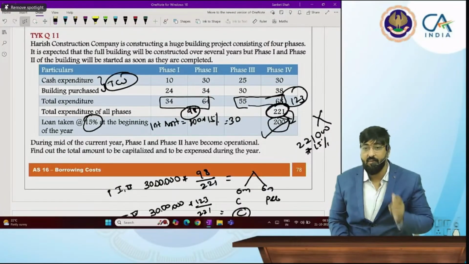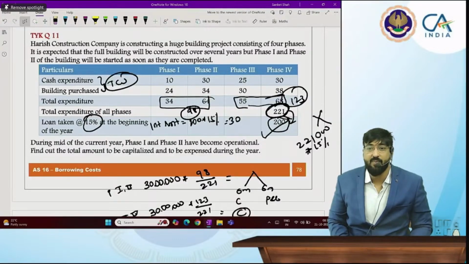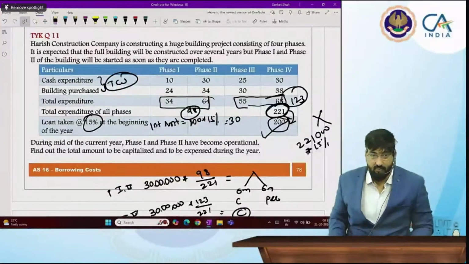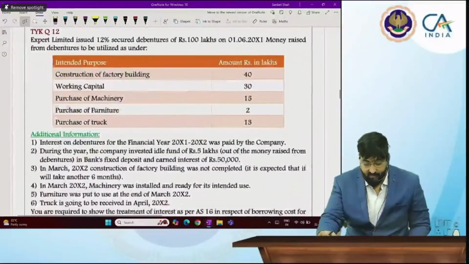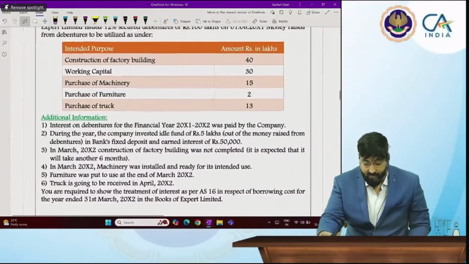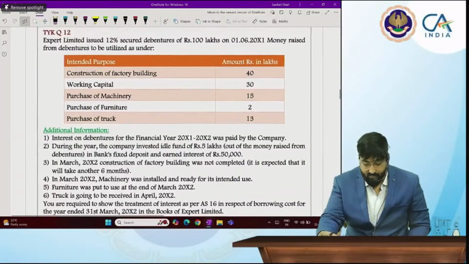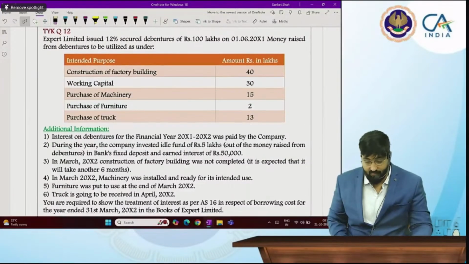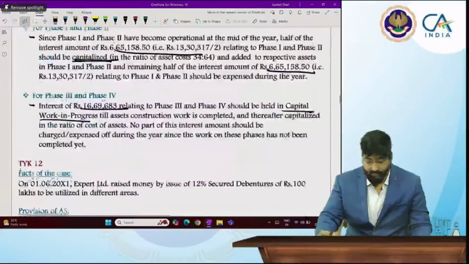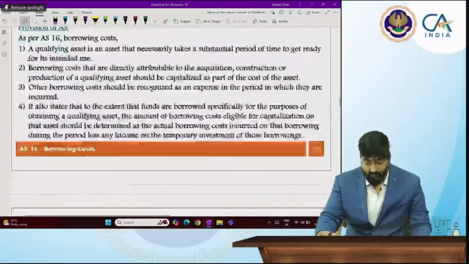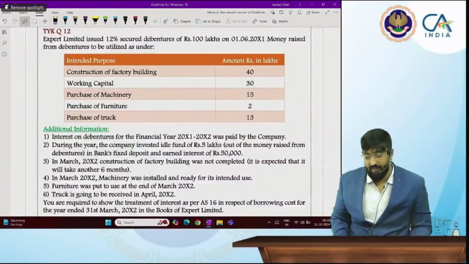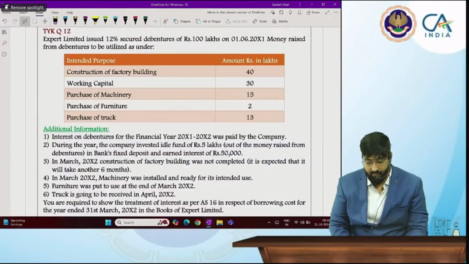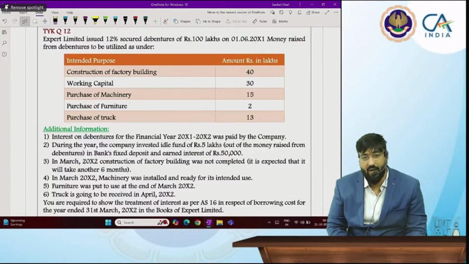Yes sir. So you people will take 30 lakhs. Small small but important points. Newly added question. It is the same question, same. Yes, sir, similar. Now you only solve. This is a newly added question.